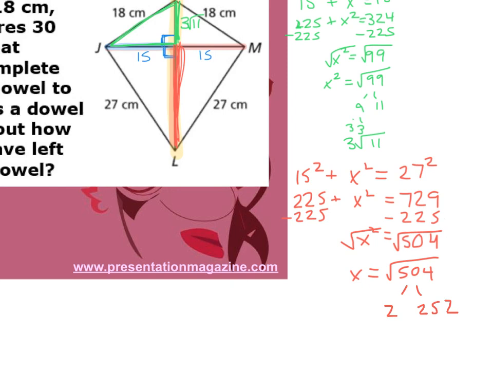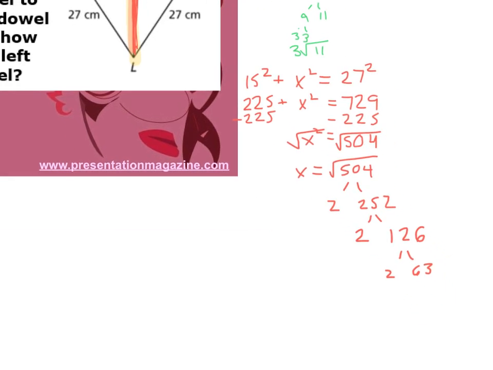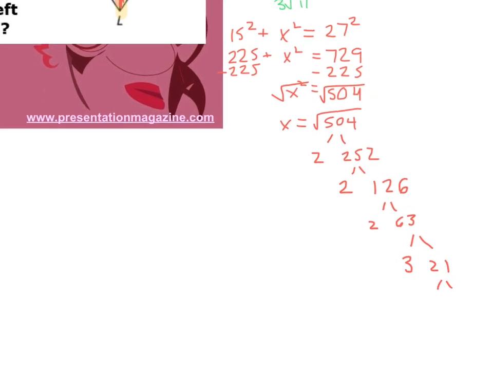252. So now how do we break up 252? 2 again, and half of 252, 126. How do we break up 126? 2 and 63. 3 and 21, and 21 is 3 and 7.